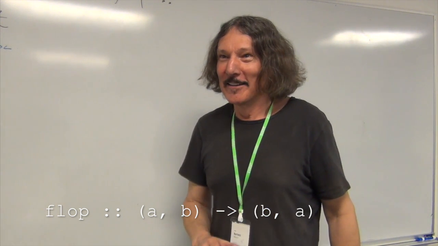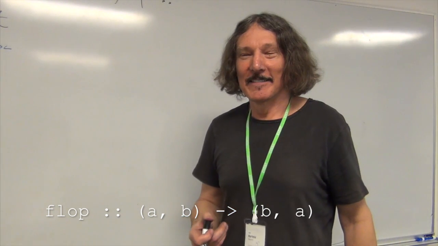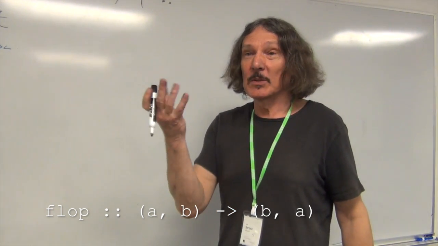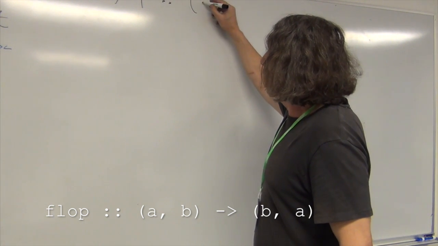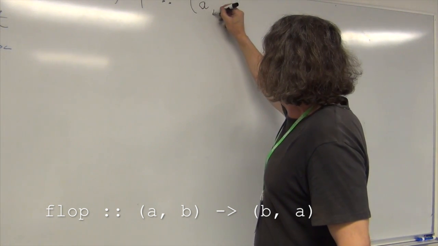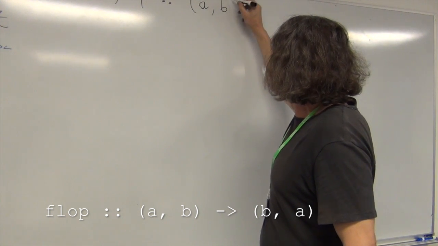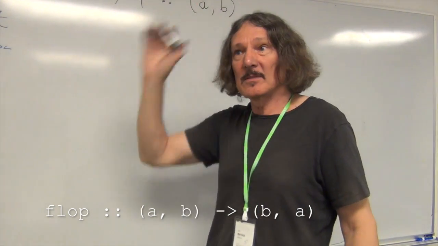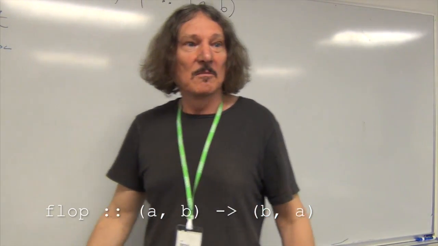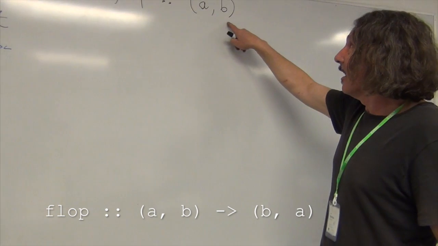Pair to pair. Pair of what? Pair requires two types, right? It's an arbitrary pair of two arbitrary types. They don't even have to be equal. It's pair of A and B, two type variables. So that's the argument.